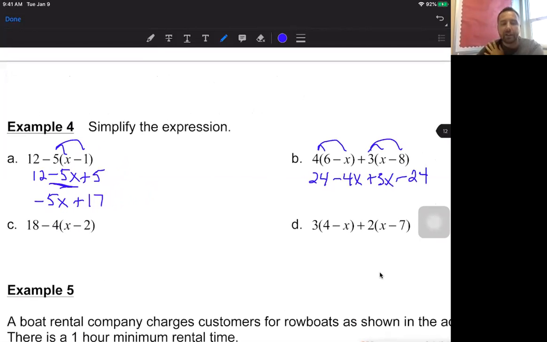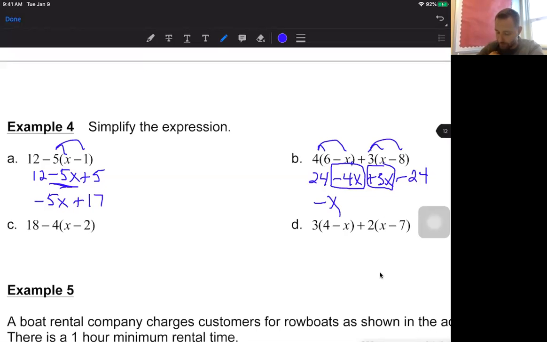Now you're going to combine your like terms. Our like terms here, we're going to look at our x. We have a negative 4x, and then we also have a positive 3x. Negative 4x plus 3x, or 3x minus 4x, will give us a negative 1x, or just a negative x. Remember, you never have to write a 1 in front of a variable.